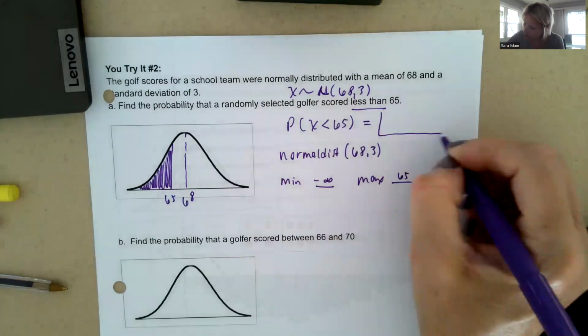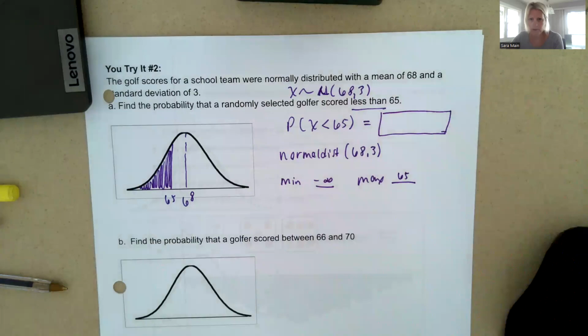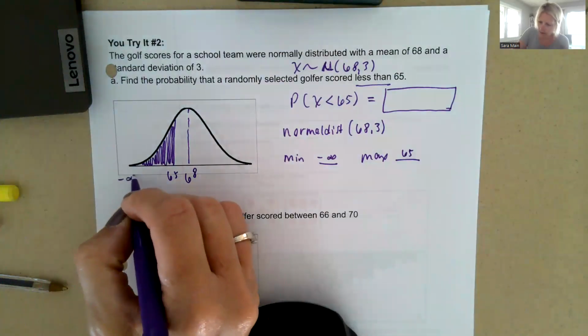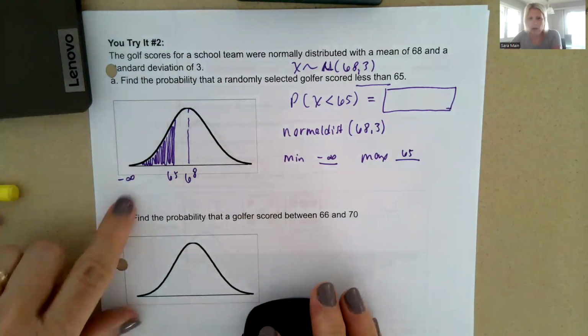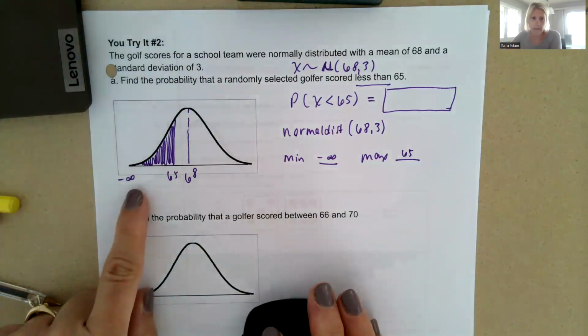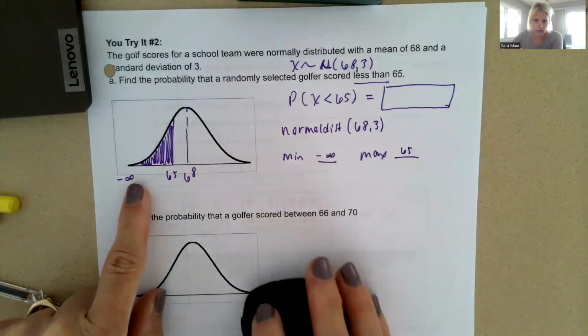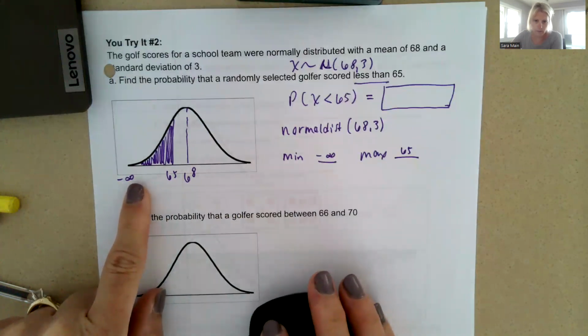And then we're going to put our answer up here. Because this is negative infinity up here. Now we all know that we can't have a negative score on a golf game, right? But that's how we have to tell it in Desmos.